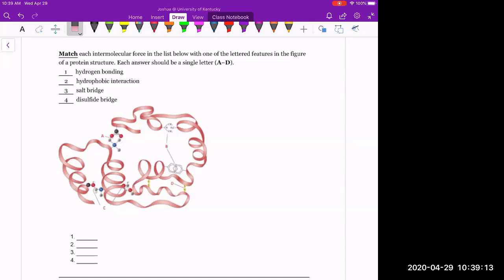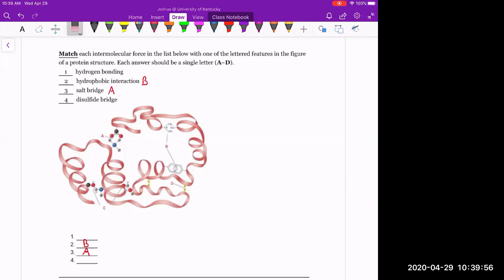So A, because you've got charges, would be a salt bridge. B, those are all non-polar bonds. So B is hydrophobic interactions.